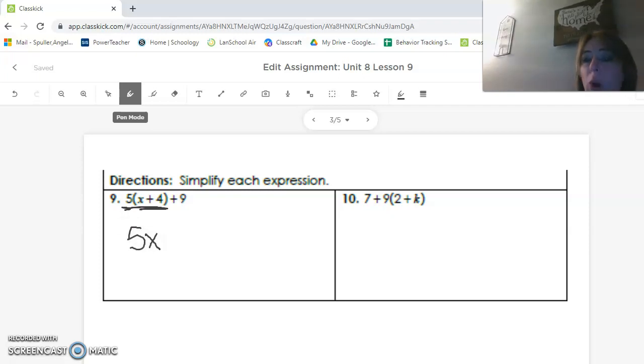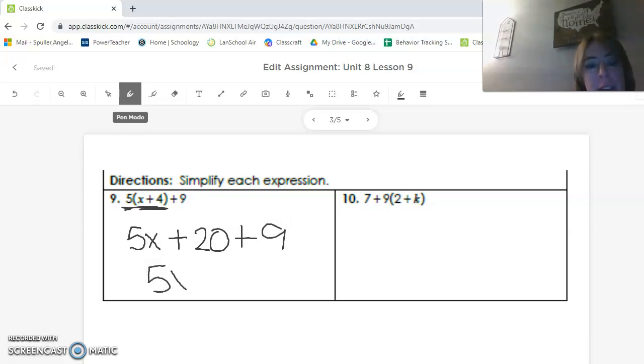Remember, there's that 1 in front of the x. And then 5 times 4 is 20. Now I'm going to keep the 9 because I can't multiply 5 times the 9 because it's outside of that parenthesis. Now I can combine like terms. There's no other x's, so 5x stays the same. Plus, well, 20 plus 9 is 29. Now it's in its simplest form.